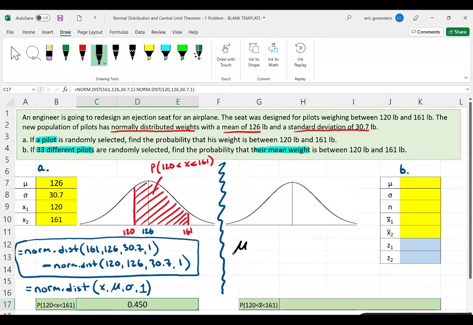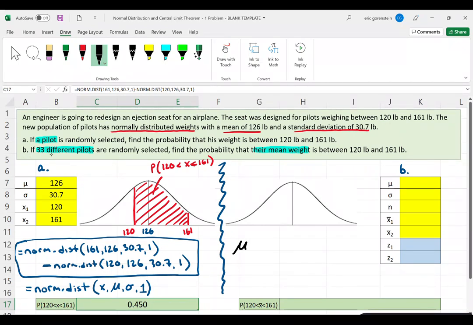Right? The distribution of sample means will be normal, even if the original data is not. Now, if the original data is normally distributed, we could drop the criteria that the sample size has to be above 30. In this case, the sample size is 33, but we also know the population is normally distributed.